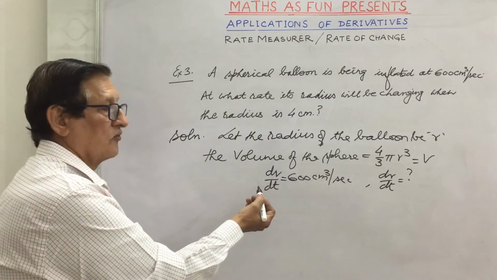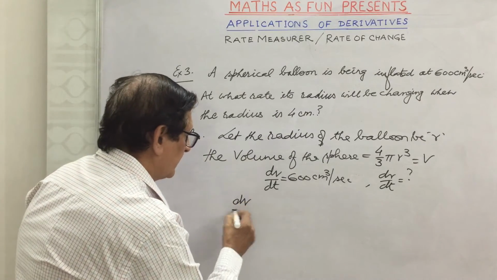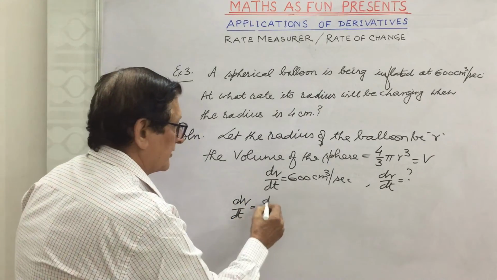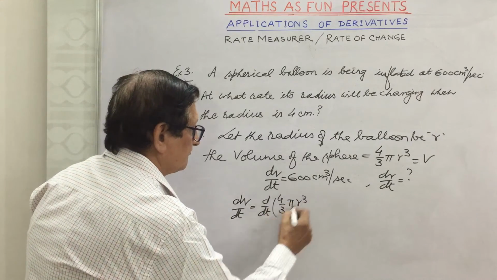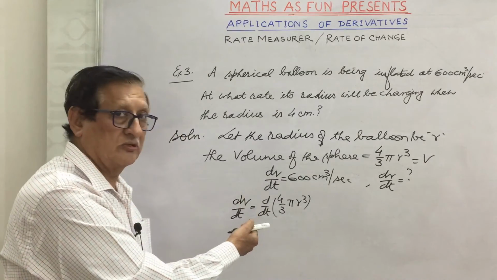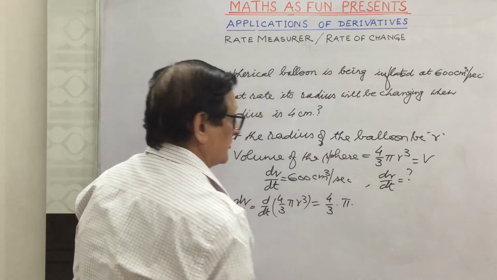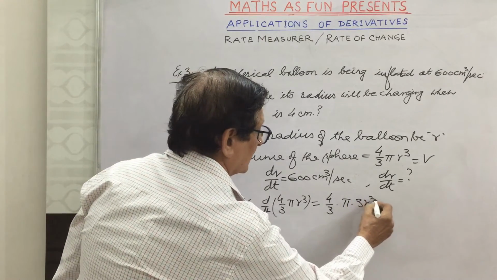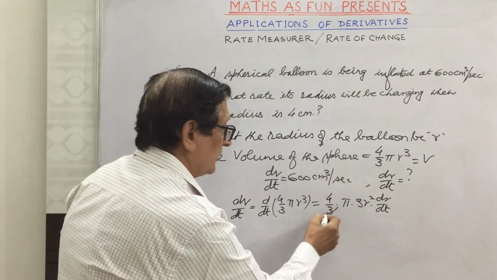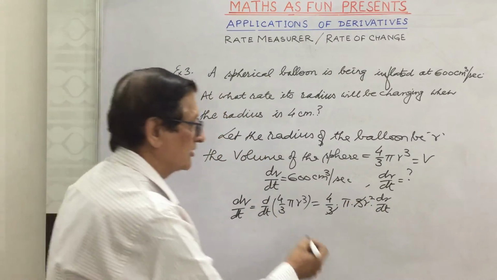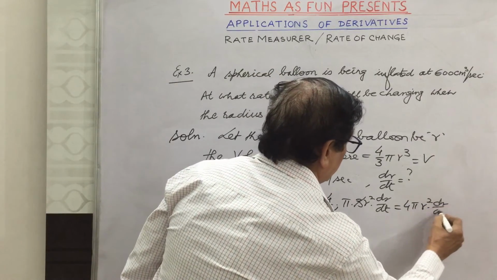So we find dV by dt, that is the rate of change of volume. dV by dt is d by dt of 4 by 3 pi r cube. We can apply the chain rule and we find the derivative 4 by 3 pi into 3 r square into dr by dt. This 3 and 3 cancel and this comes as 4 pi r square into dr by dt.